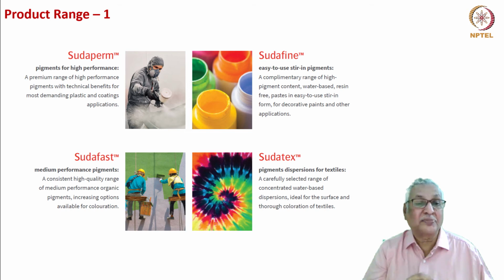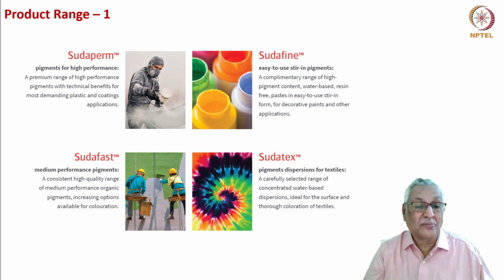There are pigments for high performance with technical benefits for most demanding plastic and coating applications. Then Sudafine is easy to use terrain pigments. This is a complementary range of high pigment content, water-based, resin-free, paste in easy to use terrain form for decorative paints and other applications.